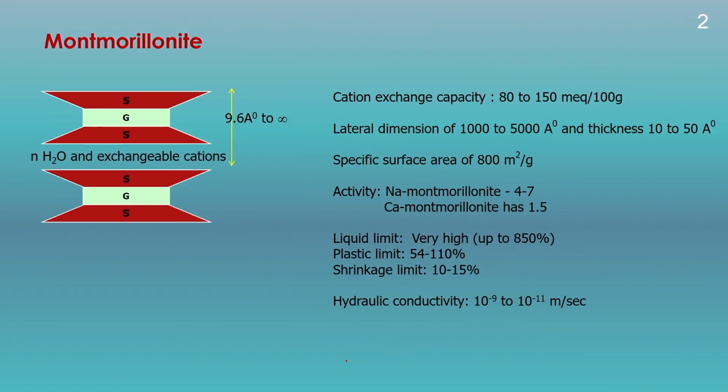Before that, we need to understand how the soil behaves when we take a soil sample. The behavior of the soil will be governed by two factors. One will be the net force, which will be like net force of attraction minus the repulsive force, and second one will be its fabrics.